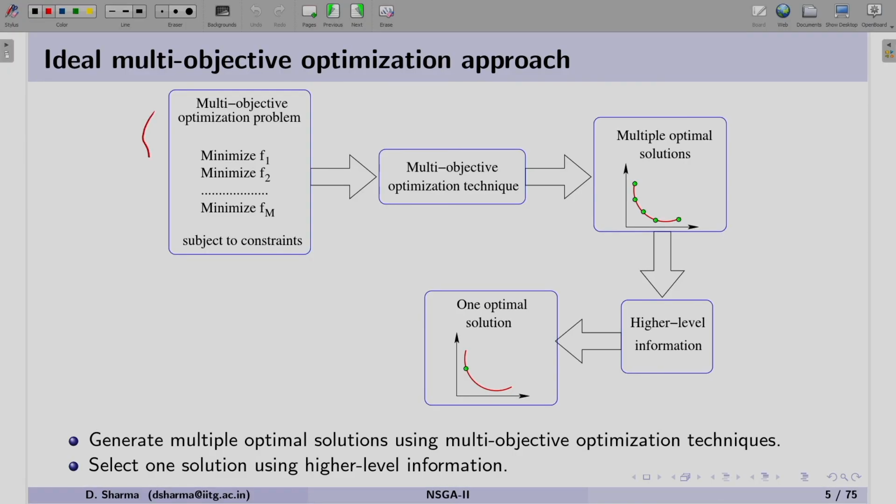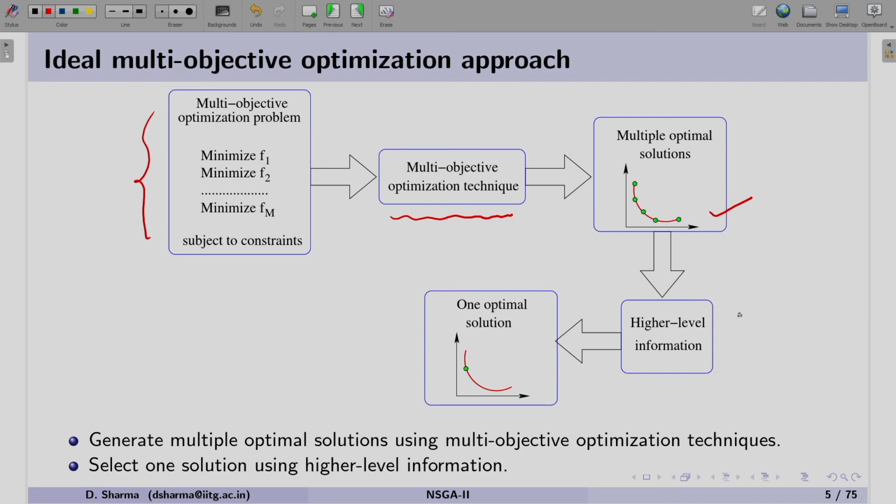Then we can use any single objective optimizer to get a solution. The second approach is the ideal approach, in which we solve a multi-objective problem by a method or technique that can generate multiple optimal solutions, and those solutions will be lying on the Pareto front.